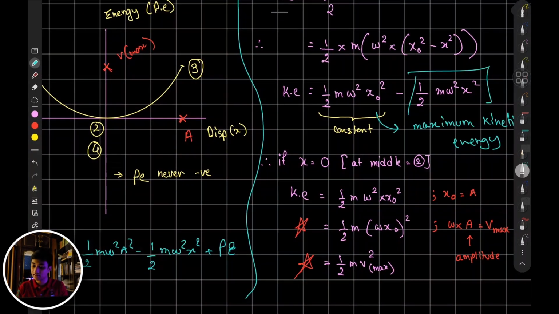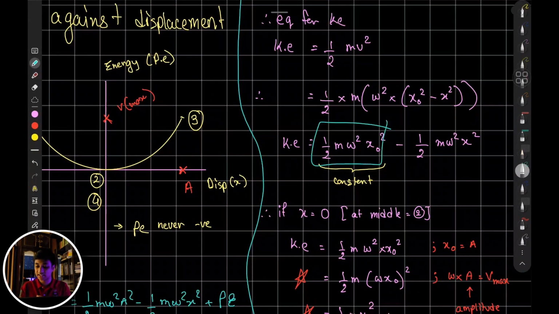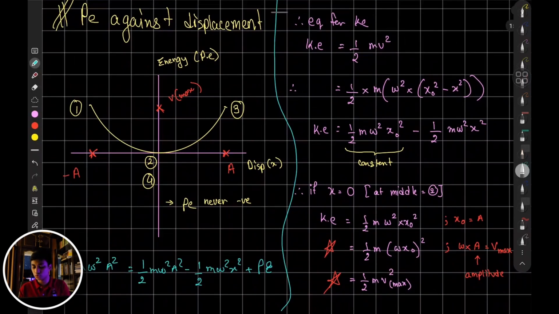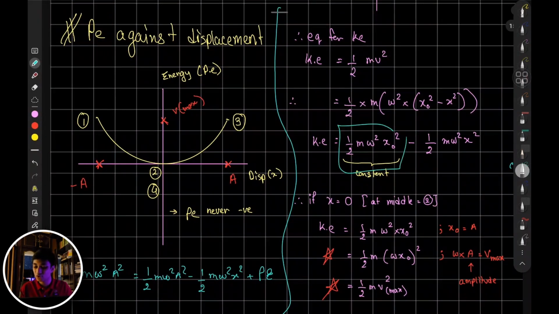And this part is the variable, which is going to change depending on the displacement. If you separate the constant part and the variable part, you know that this is not going to change.